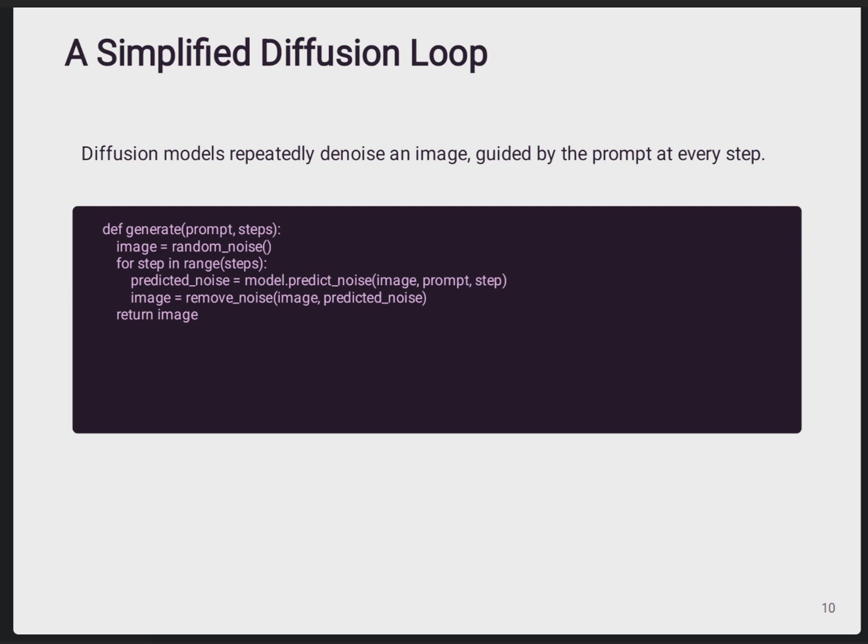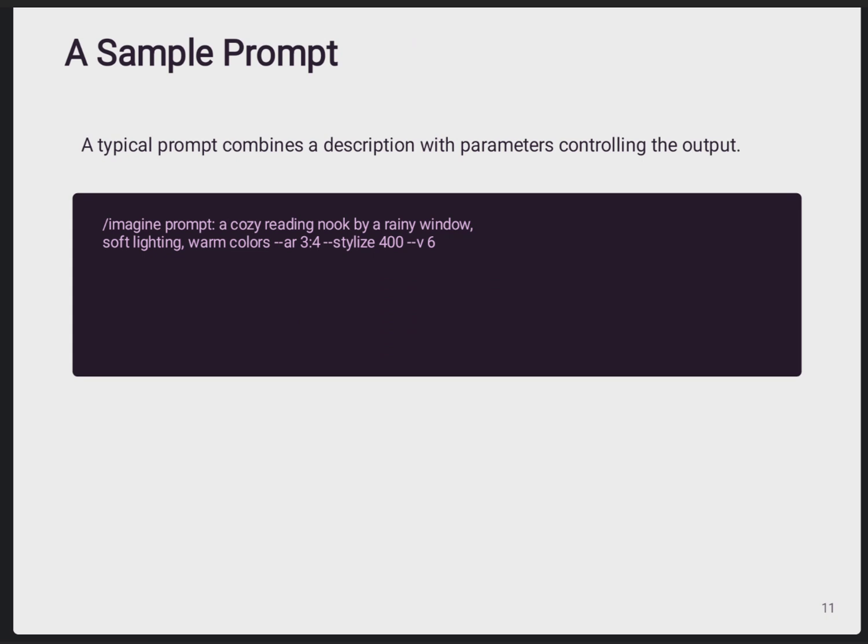A simplified diffusion loop: diffusion models repeatedly denoise an image, guided by the prompt at every step. A sample prompt: a typical prompt combines a description with parameters controlling the output.